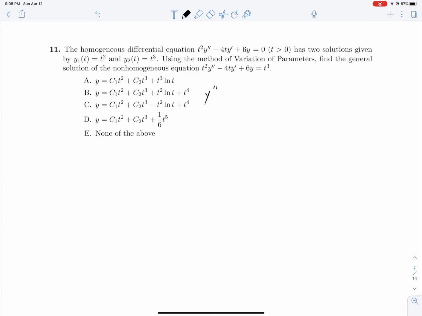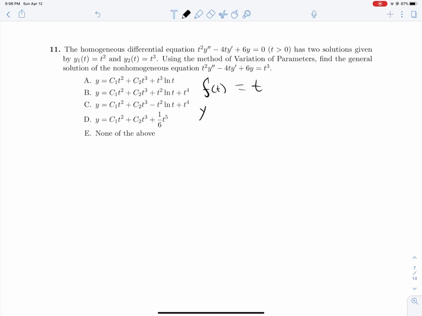So we can rewrite this as y double prime minus 4 over t y prime plus 6 over t squared y is equal to t. So collecting the four terms that we need for our variation of parameters, we have f of t, which is just that right side of our equation, the only bit without a y when the coefficient on y double prime is equal to 1, that's just t.